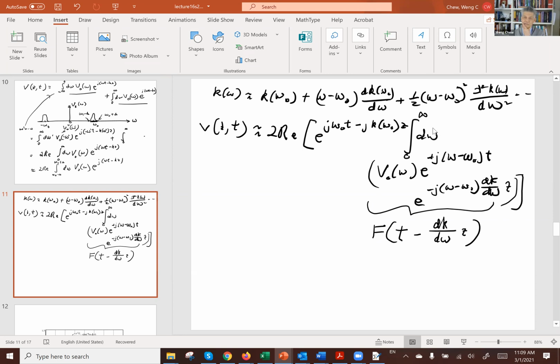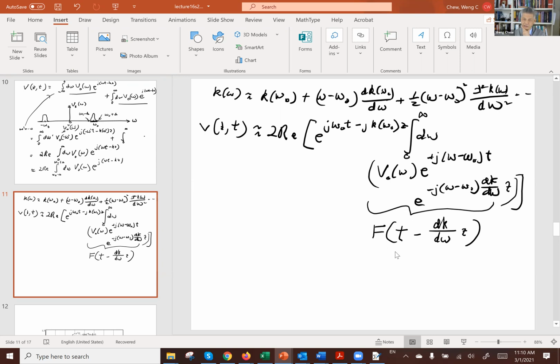But I'm only summing over very few Fourier components in the vicinity of omega naught. So since this has very few Fourier components in the vicinity of omega naught, this is like a Fourier transform. You see that this is like a Fourier transform, but collecting frequencies very close to omega naught, which means that this has to be a slowly varying function.